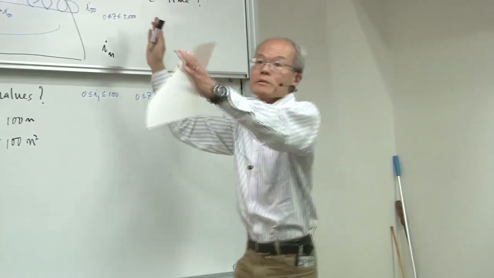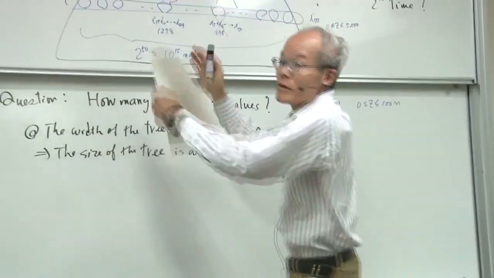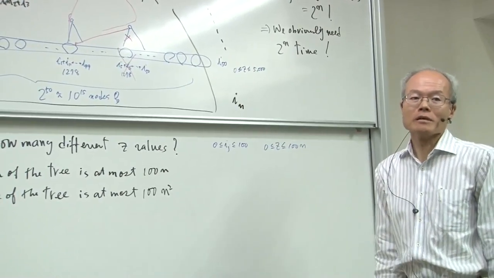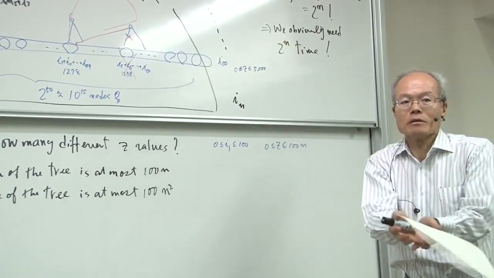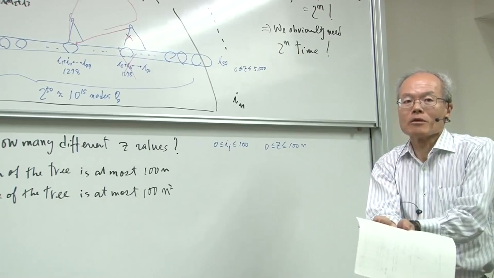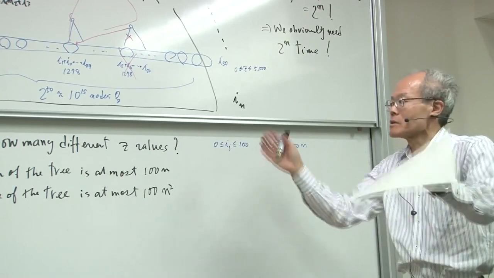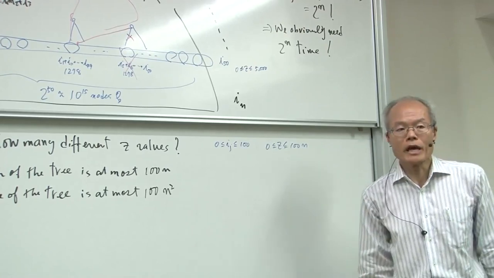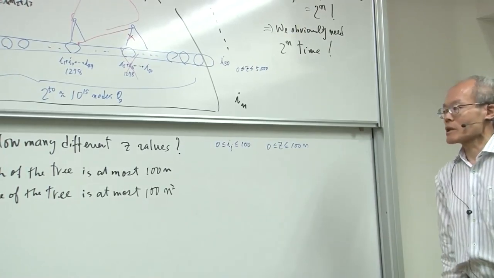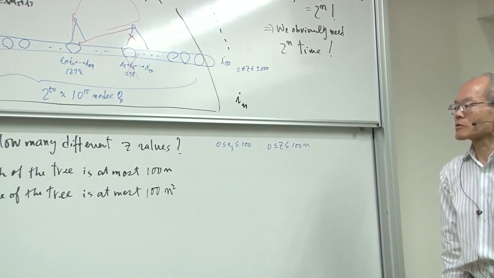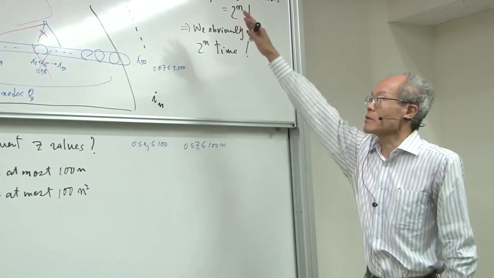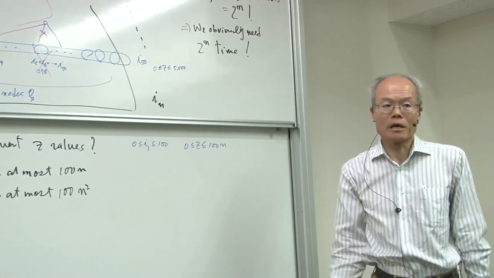So the width of the tree, it's no longer a tree. There's a join. So this is no longer a tree, but its width is at most 100n, and the size of the whole tree is at most 100 times n squared, because the depth is n.